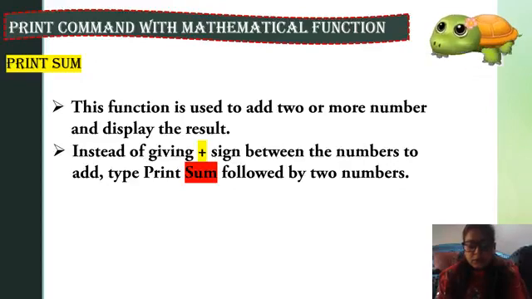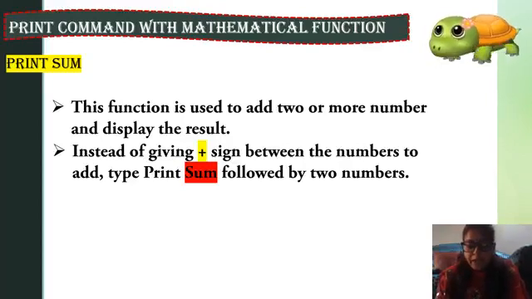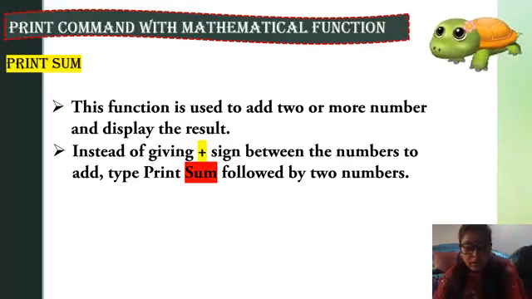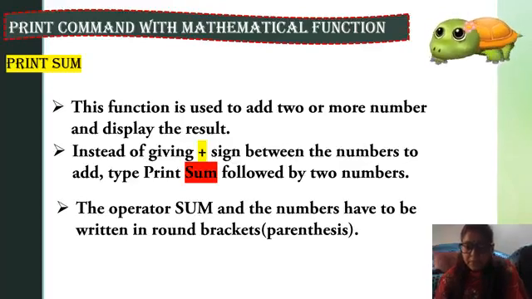If you want to add more than two numbers, the operator sum and the numbers have to be written in round brackets. Brackets means parenthesis. Let's see practically, then you can understand, children.